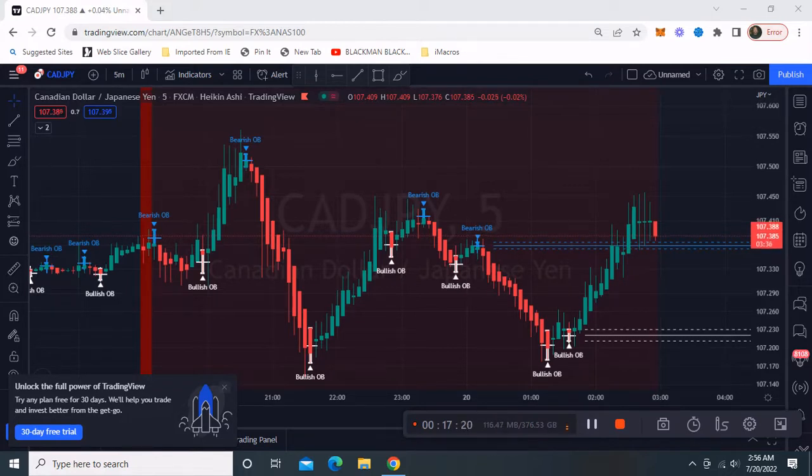Now, for the Tokyo session, which we're in now, I use CAD JPY. For the London session, I use GBP JPY. And for the New York session, I'll either do US 30 or NAS 100.